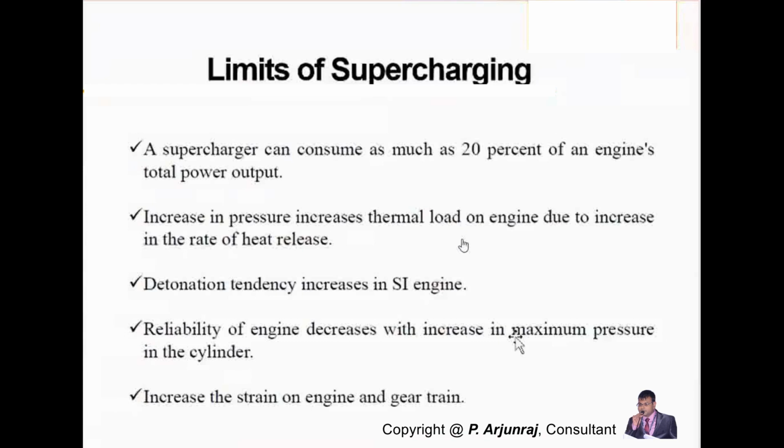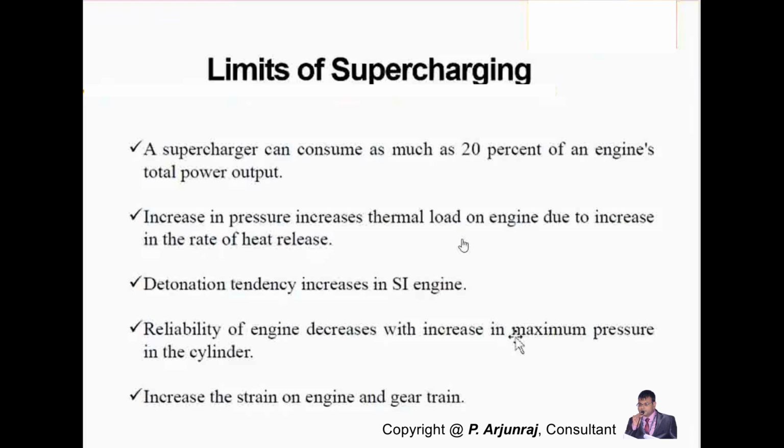You need to ensure that the combustion pressure does not shoot up above the normal case. When it goes above, you have knocking and detonation, as we call it. Knocking is basically the case of the SI engine, and detonation is basically the case of the CI engine. But here they compare detonation and knocking together with respect to the SI engine. Basically, they have considered the gas engine here.